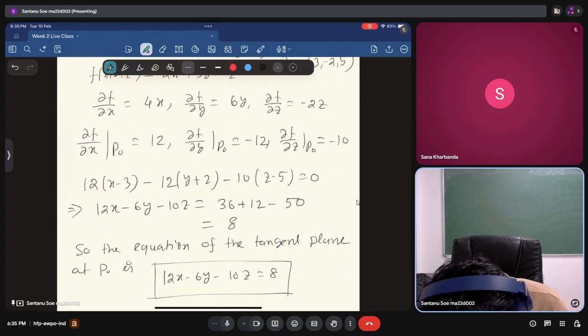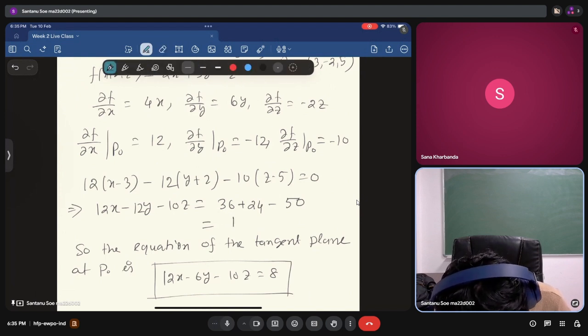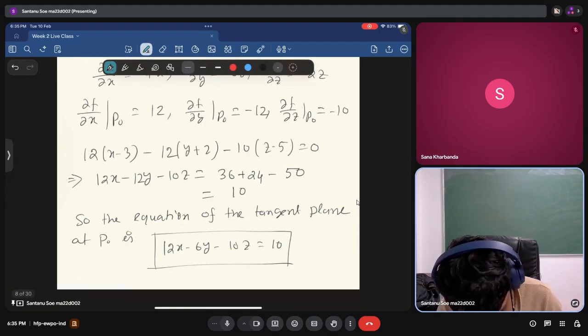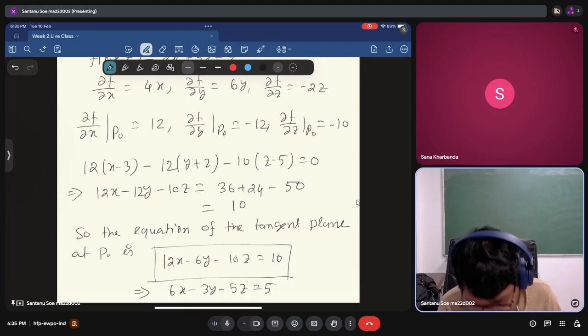So this will be 12y and this will be 24. So this is going to be 10. Or in other words, 6x minus 3y minus 5z equals 5.